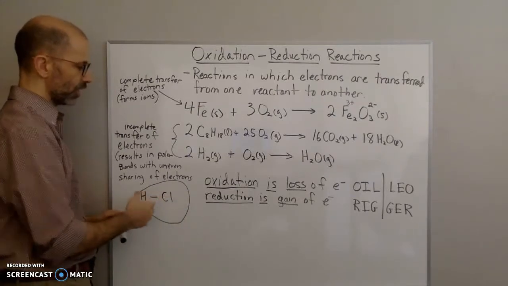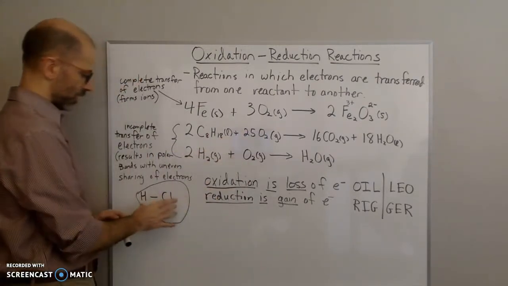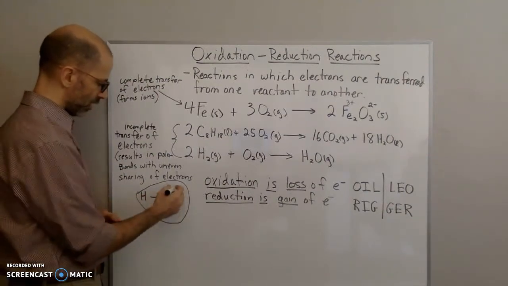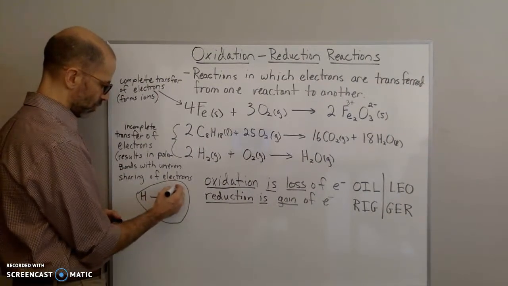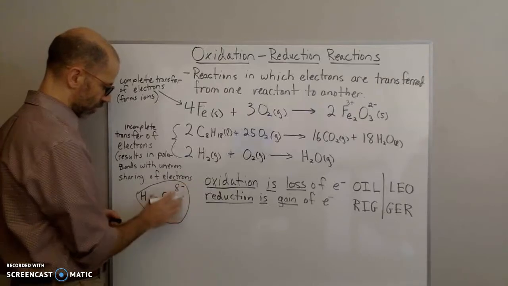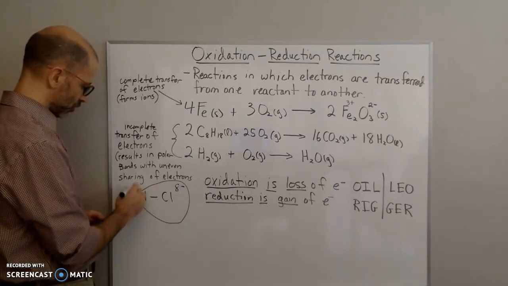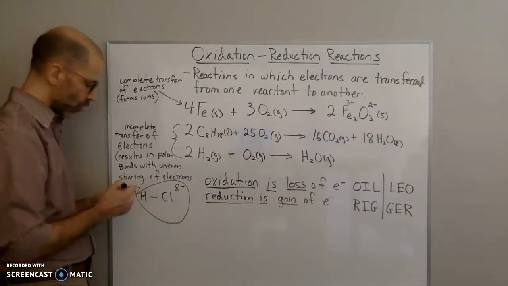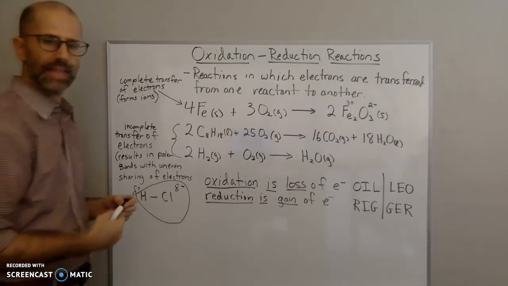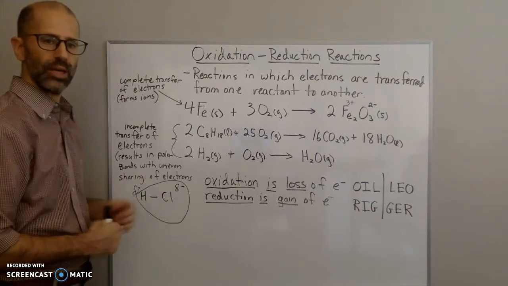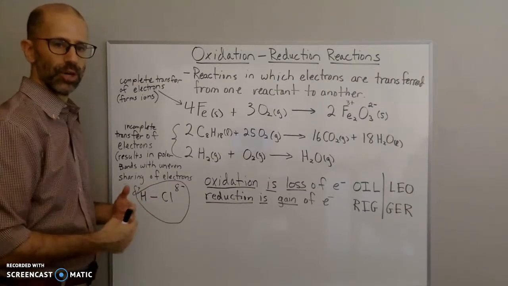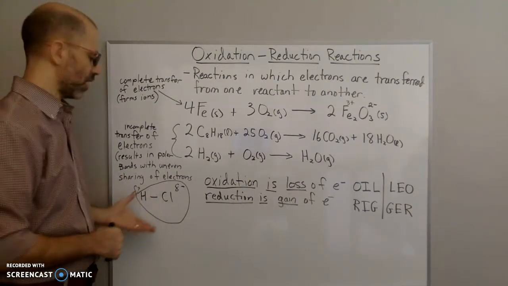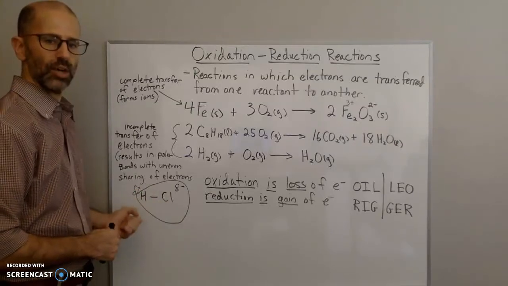So in the reaction, you end up getting this uneven sharing of electrons, and that's going to create a partial negative charge on one side and a partial positive side, and so you get polarity, and that counts as a transfer of electrons. Even though it's not a complete transfer where you're creating ions, it is considered a transfer, and therefore oxidation and reduction would occur.